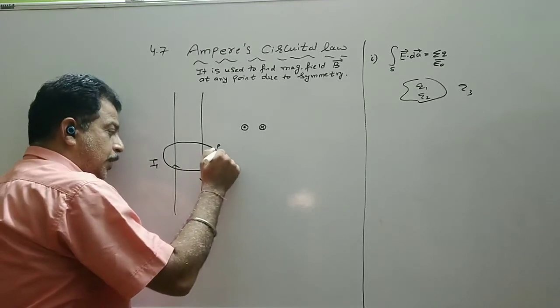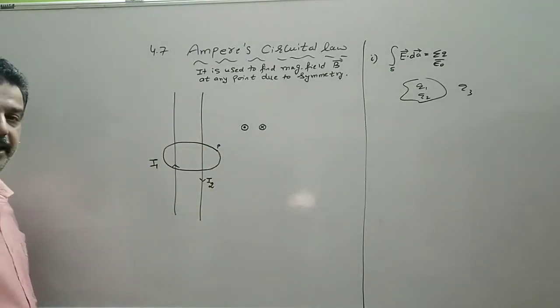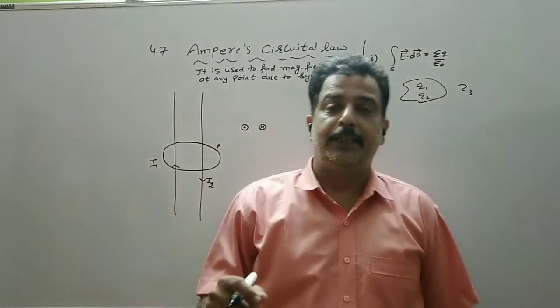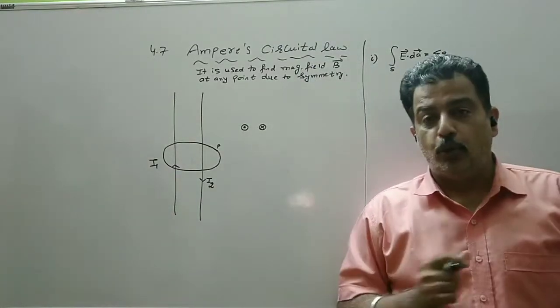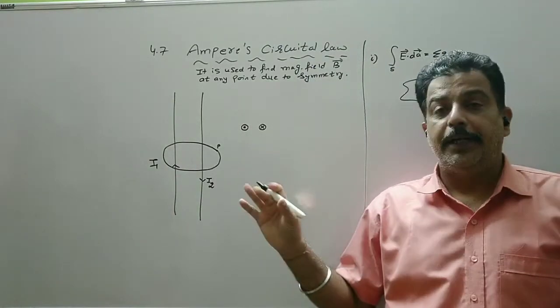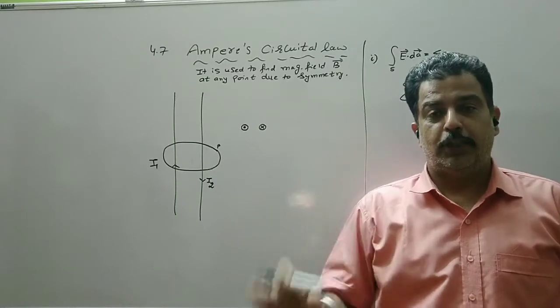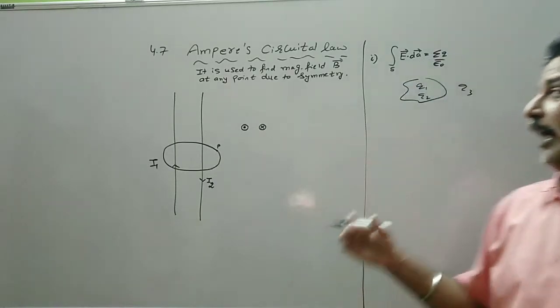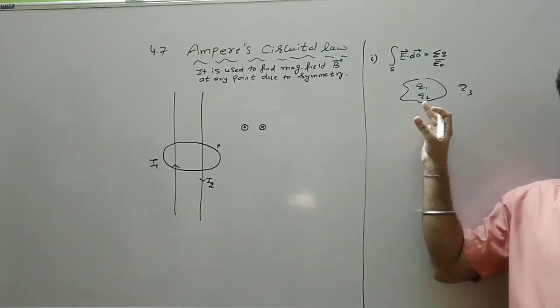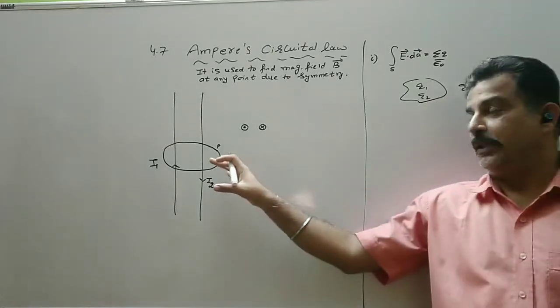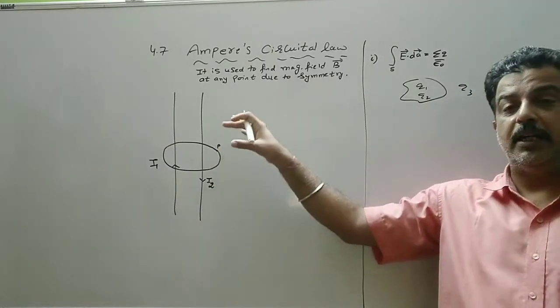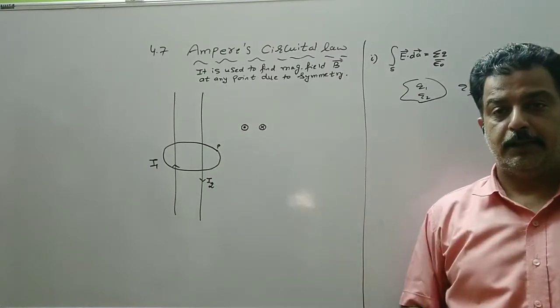You have to consider a loop in such a way that point P is on that loop. Now this loop is simply a circle. So it is an open surface, whereas there we have a closed surface. Here we have an open surface that is simply a circle, a ring like this.